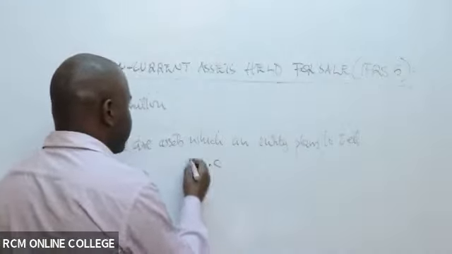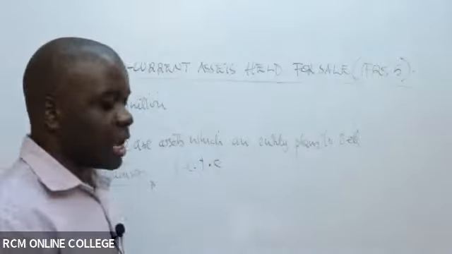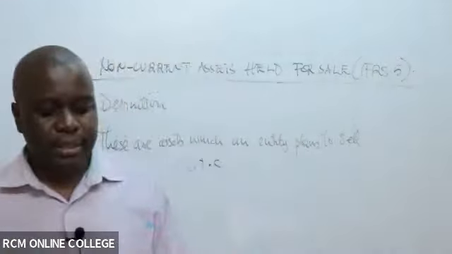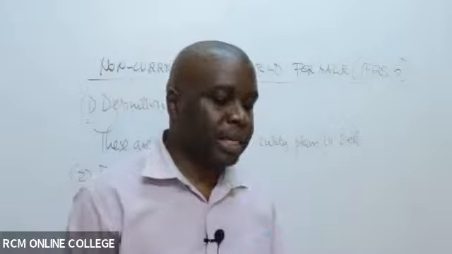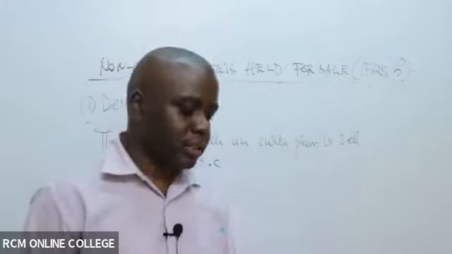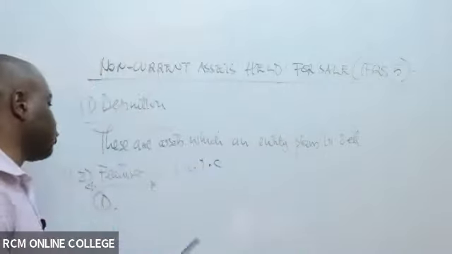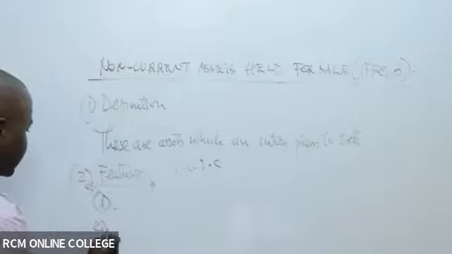These could be examples to show that they are committed to selling the asset. Setting an expected date when the asset will be completed so that they can be able to sell.